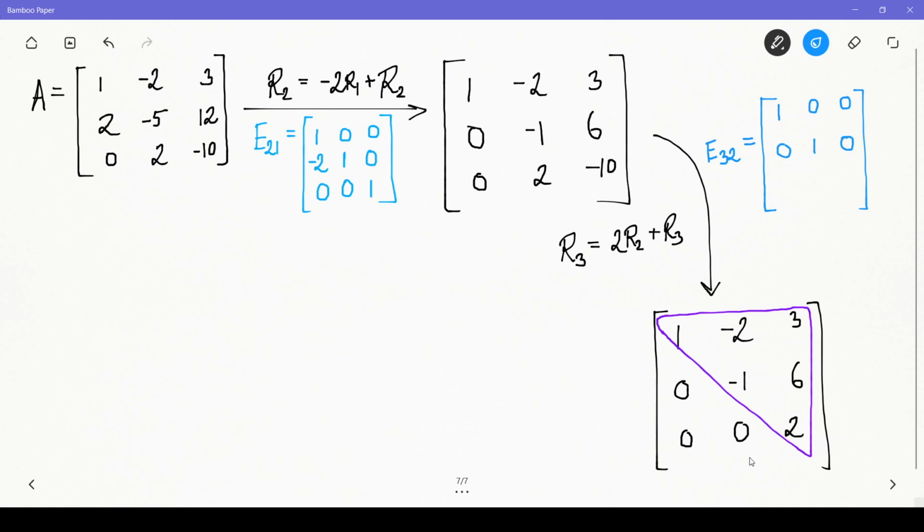Now let's talk about the third row. In our third row, what did we do? We took 2 times R2 and added it with the previous R3, the previous third row. So how do we store that in our elimination matrix? We took 0 times our first row, 2 times our second row, and 1 times our third row.